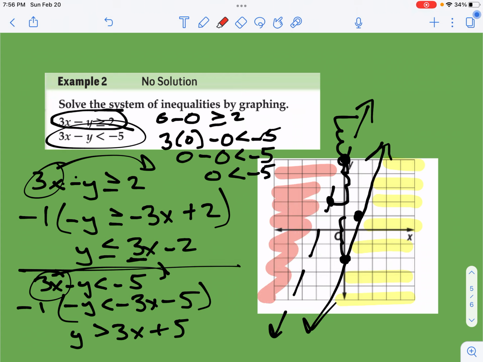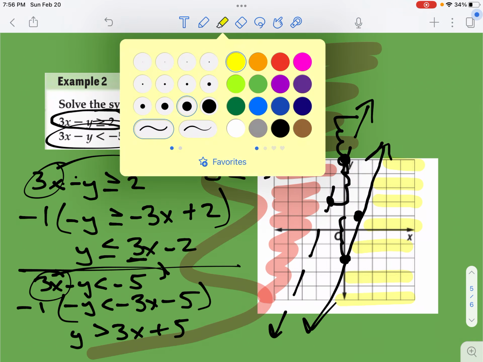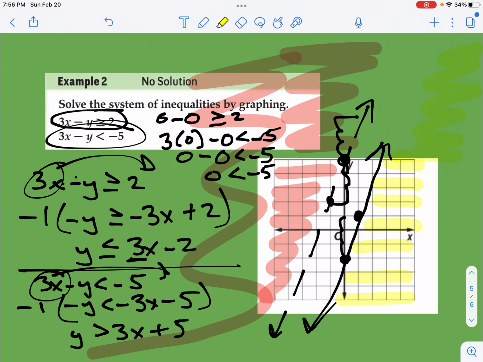Now, there's something kind of weird going on, because up till now, we always know that we shade the area where it's a shared area. But there's no shared area in here. This red is going to go all the way up into infinity and cover all this stuff, right? And then the yellow is going to go up to infinity too. But they're never going to touch each other.